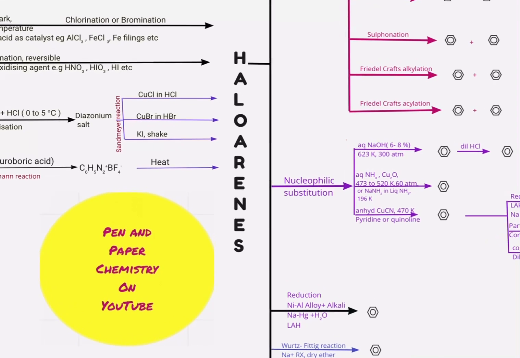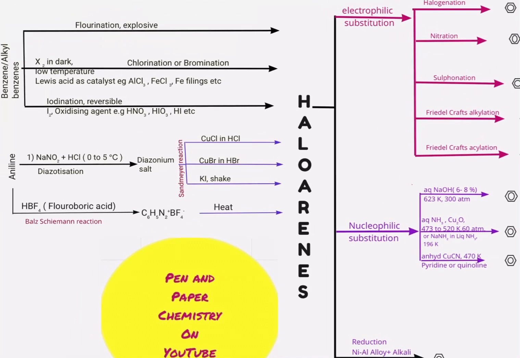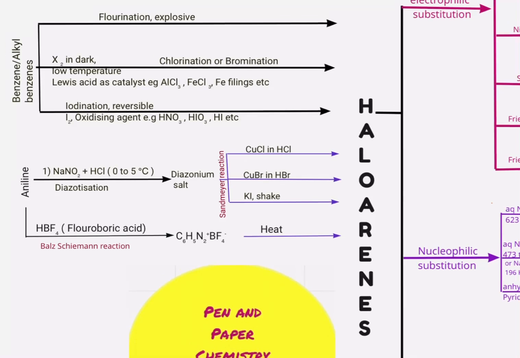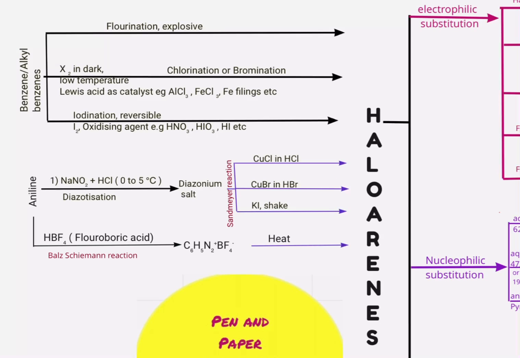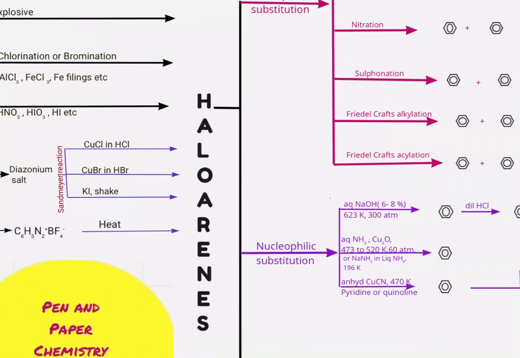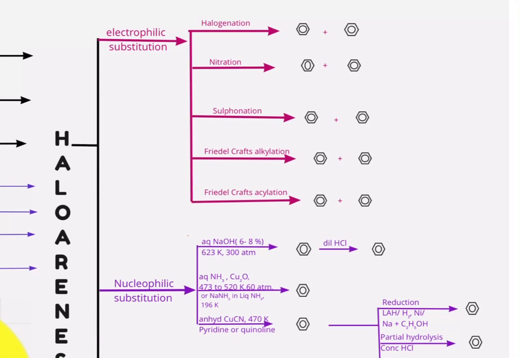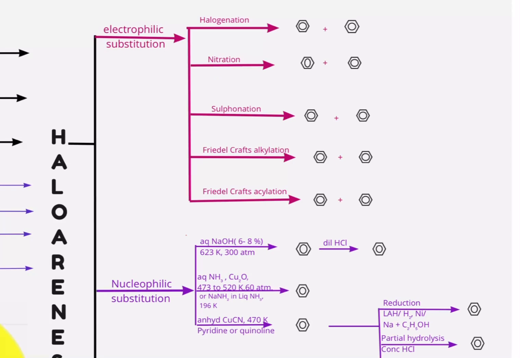You will be able to derive maximum benefit out of this flowchart only if you have been following all the videos that have been posted on the channel covering the preparation as well as the properties of haloarenes. Yes, I have not written the complete products over here. Please write down the complete product.